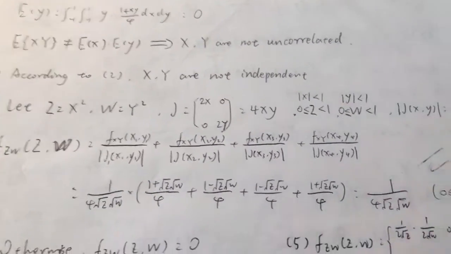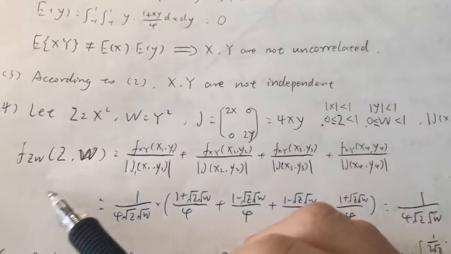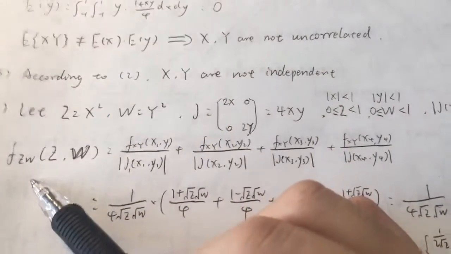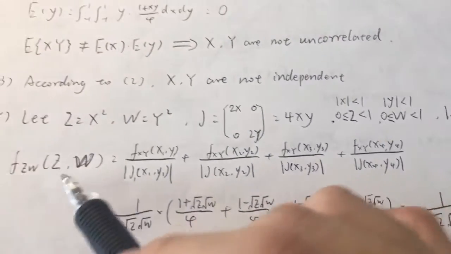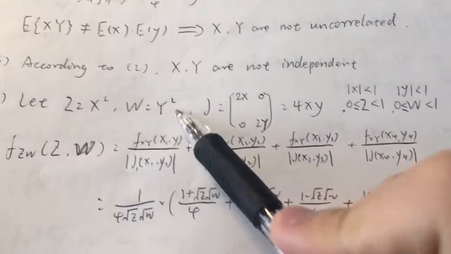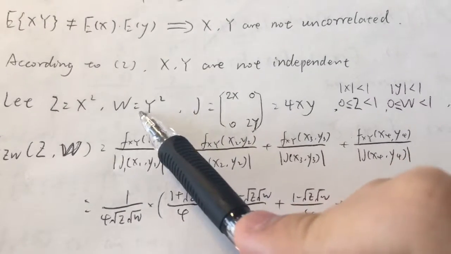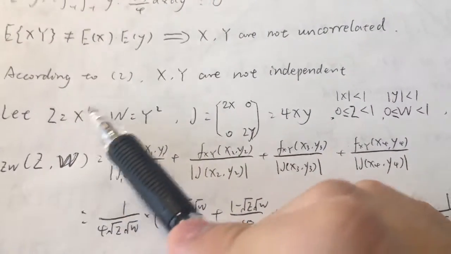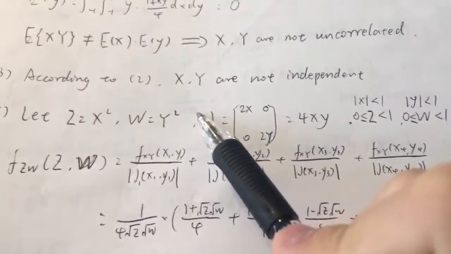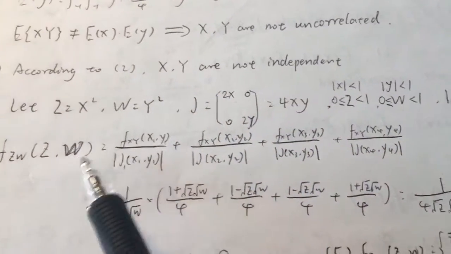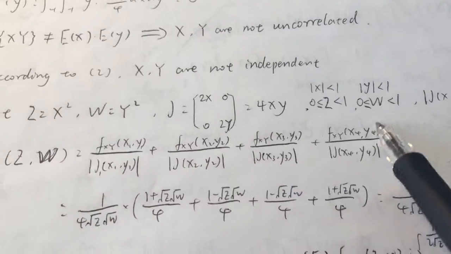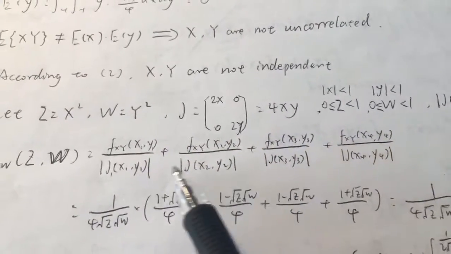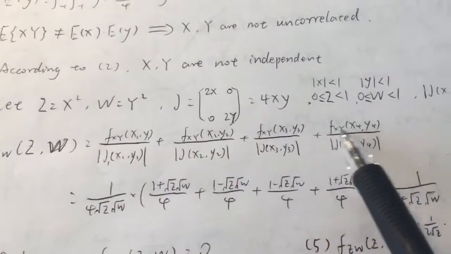Now we can calculate the density function of z and omega, and from the definition we know that the number of roots should be 4, for x, the square of x and the square of y. So we can get this equation. We have four roots, and we just add them, and we got this.